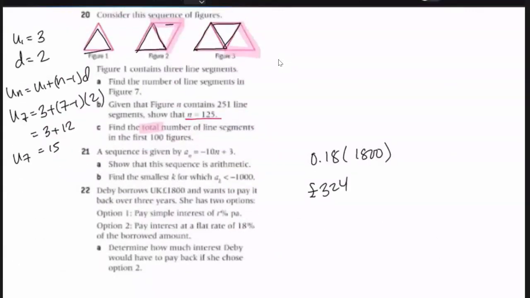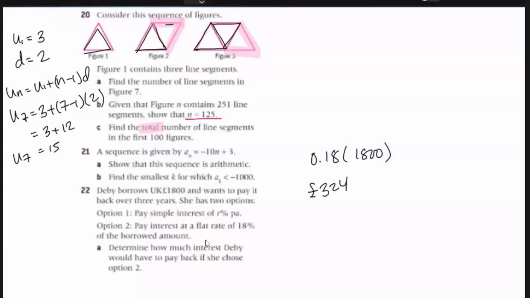For part B, anytime you have to find the same amount, or a time at which they're equal, they're looking for intersection points. You basically want to figure out, okay, she's paying a flat rate for option 2 of just 324 pounds of interest, no matter what. That's what a flat rate means.